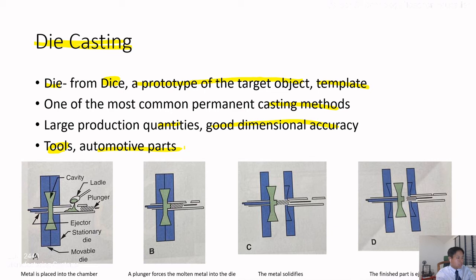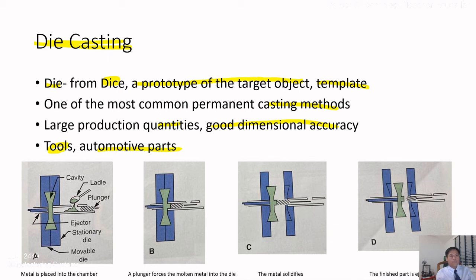So I said most of the goods in our daily life are created from the die casting method. Most large mass-production products are produced by die casting.